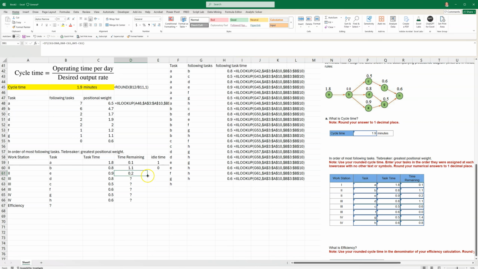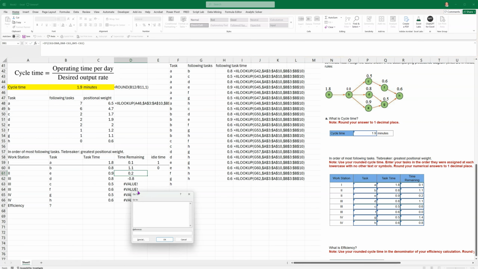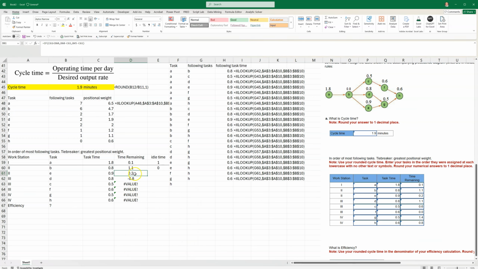So if I copy this down, oh, you know what I forgot to do? I forgot to F4 this right here, because you don't want that to move, do we? Oh, cancel. I'll F4 this. Let's try it again. So we know this is a new workstation, right?